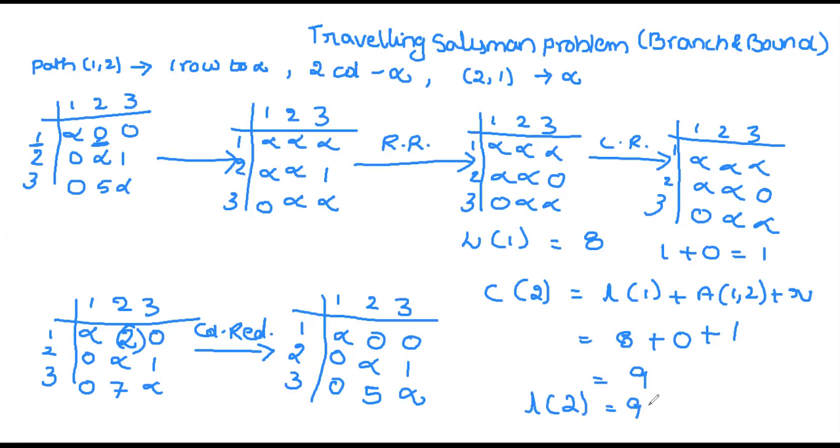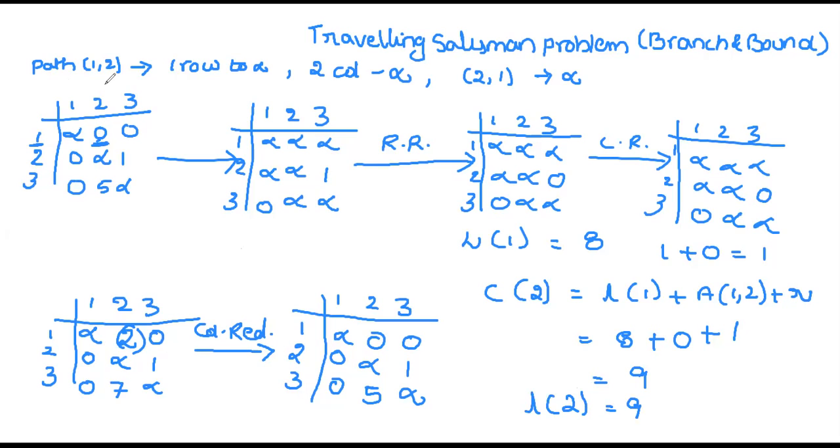So this is the calculation of the path from 1 to 2. Then we need to find the path from 1 to 3. Here we are going to calculate the path from 1 to 2 and 1 to 3.